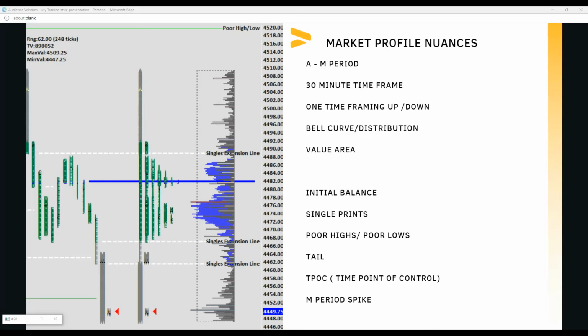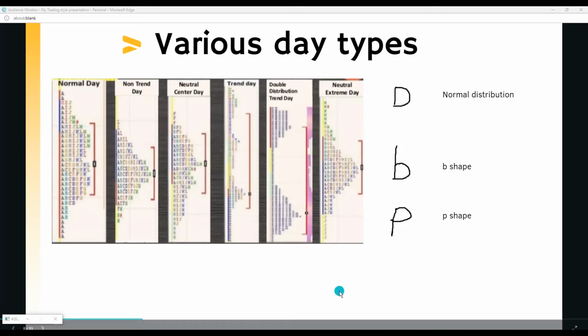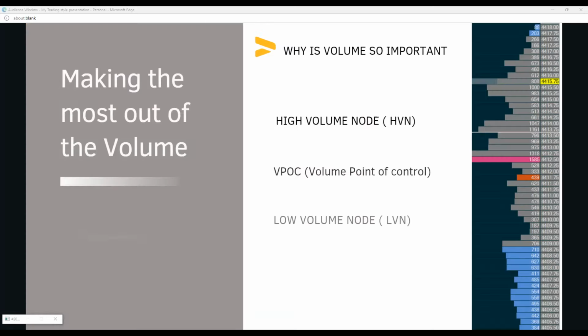Throughout this series, we're going to cover market profile and its nuances, and the various day types. That will be in a future video, where I'll cover good ways to find market context around all this. For today, we're mostly going to cover volume.